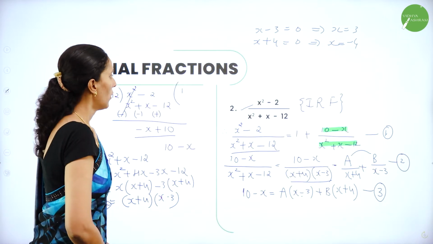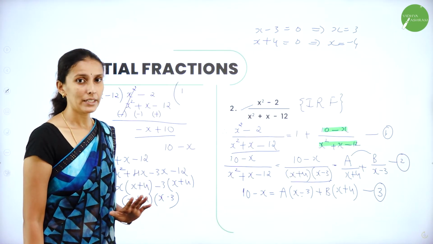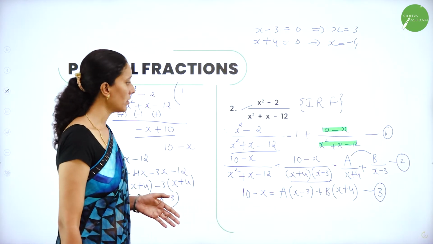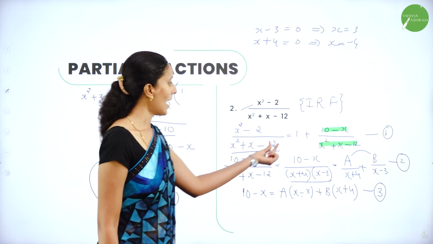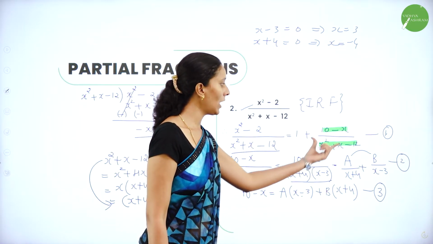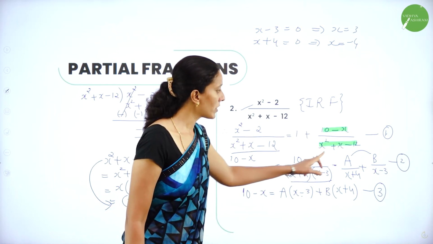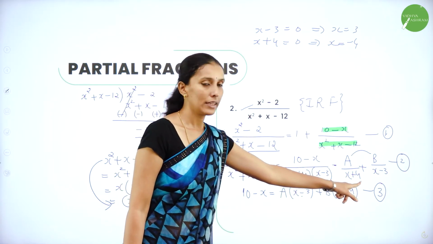So look here, whenever you have an improper rational function, first convert it into a sum of polynomial and proper fraction. After converting it as a sum of polynomial and proper rational function, then we will resolve the proper rational function as in this case.